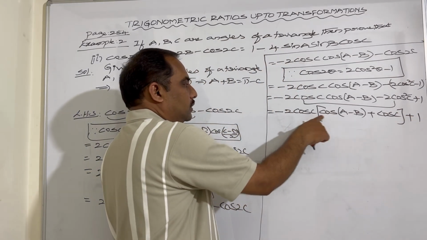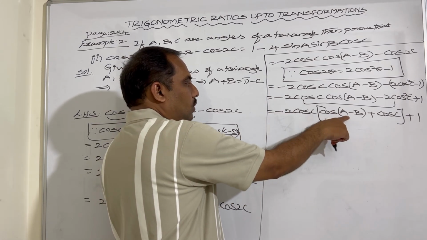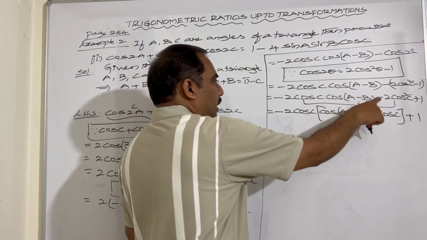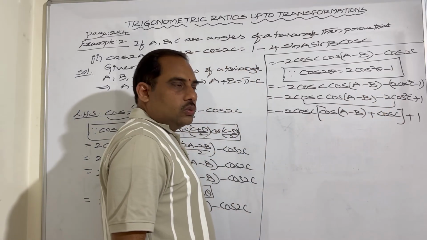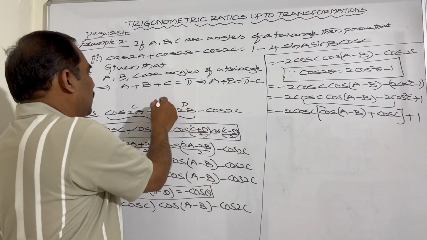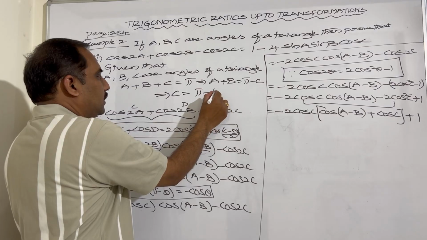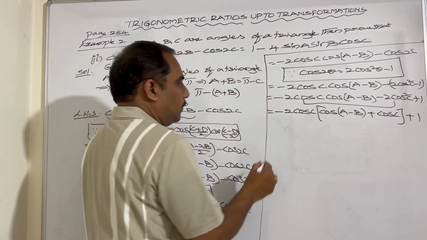If you multiply this with minus 2 cos C, the first term remains the same, and minus 2 cos C into cos C is minus 2 cos square C. But here we know that C is equal to pi minus (A plus B).